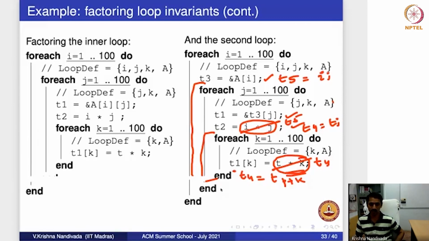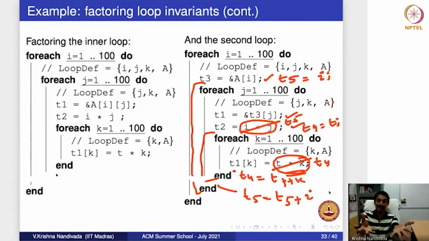At the end of the loop, here I'll write T5 equal to T5 plus I. How many multiplications do I have now? From 2 million multiplications, it came down to 0. How cool is that?